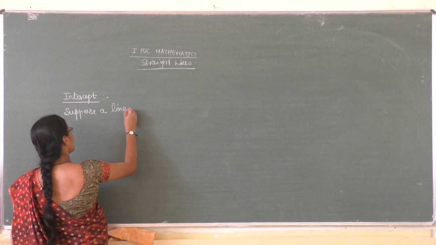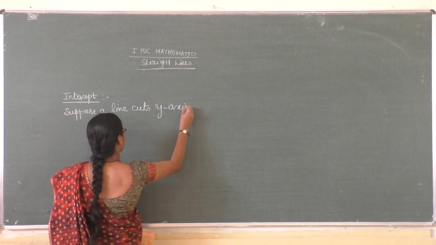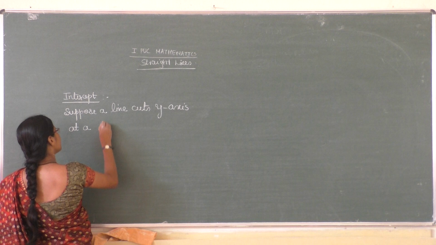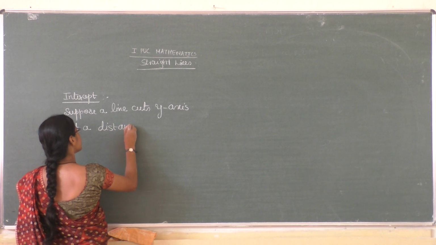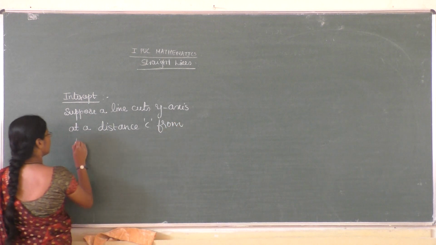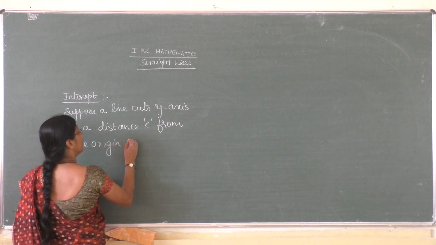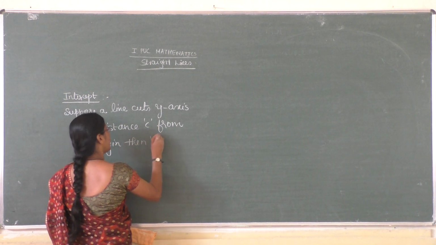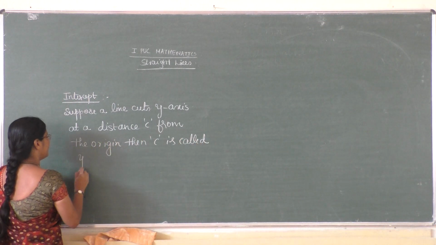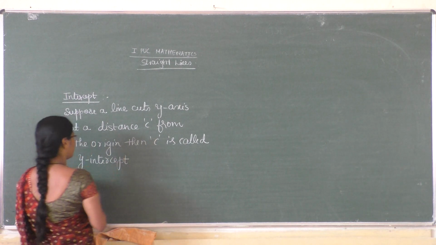Suppose a line cuts y axis at a distance C from the origin, then C is called y intercept, okay.